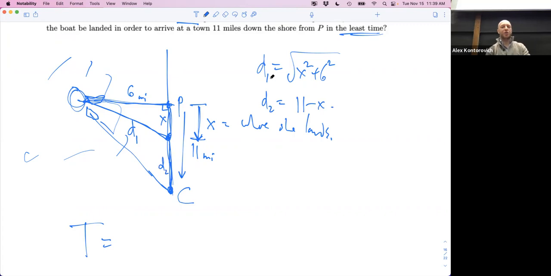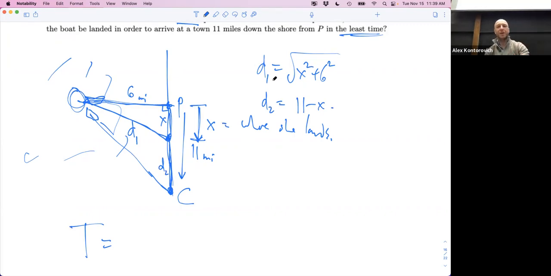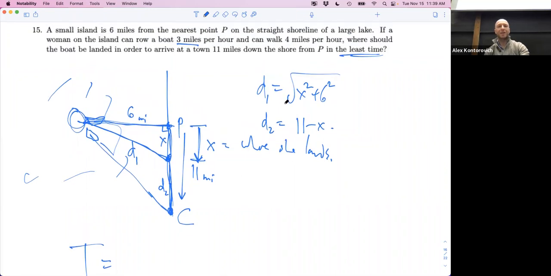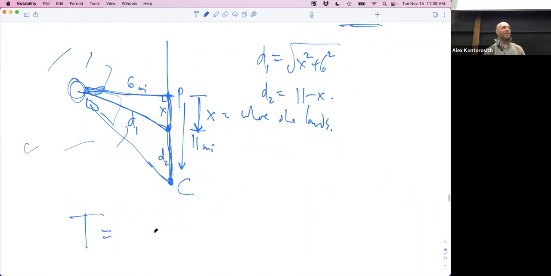How fast does she travel, or how much time does it take? If this is the distance and her speed is 3 miles an hour, how much time does it take? So it's distance over speed is time.